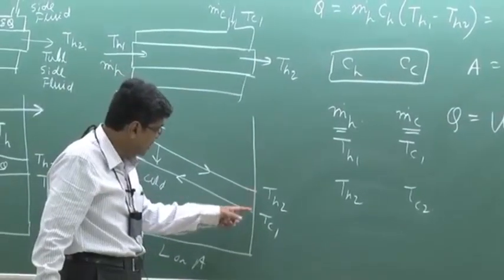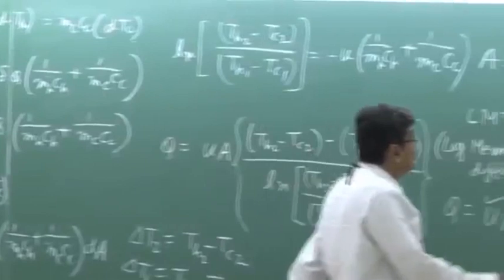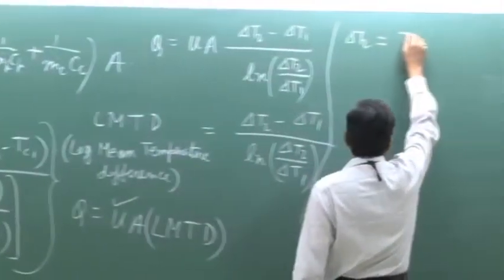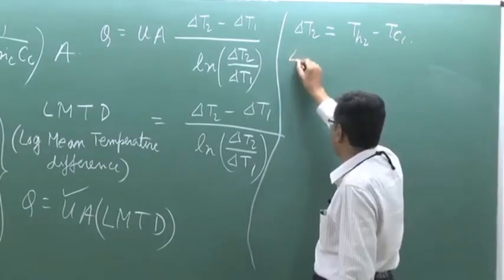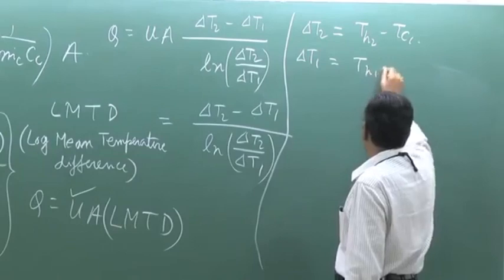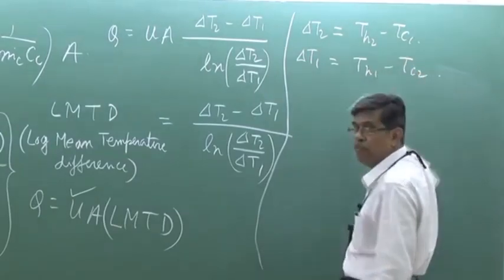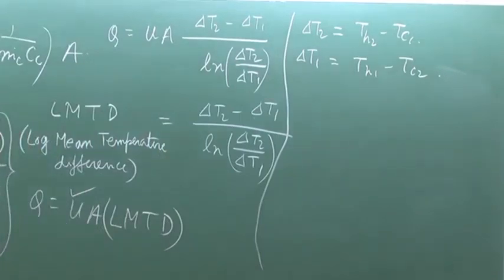Let us make this delta T2 equal to TH2 minus TC1. Then delta T2 will be TH2 minus TC1. And what will be delta T1? Delta T1 will be TH1 minus TC2. Clear?